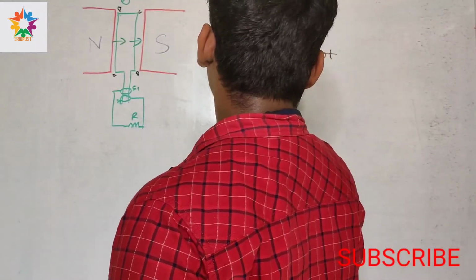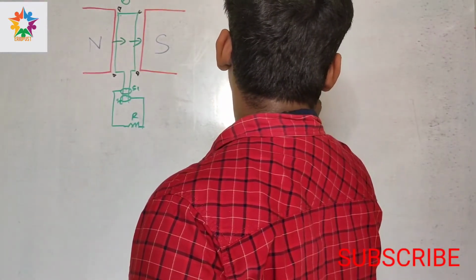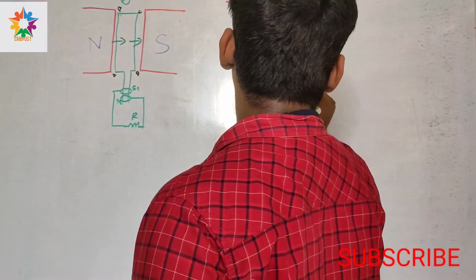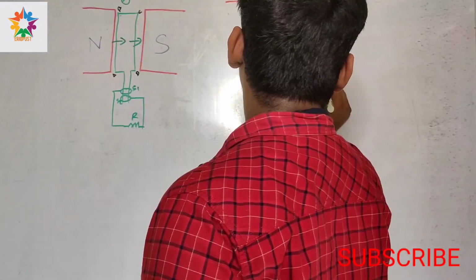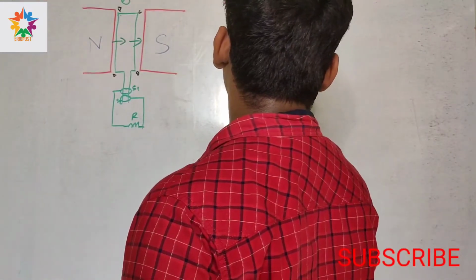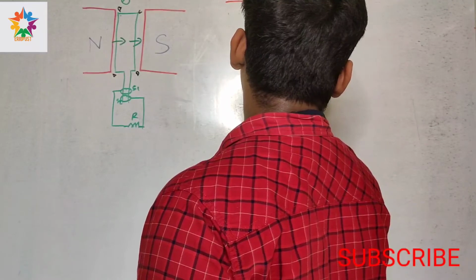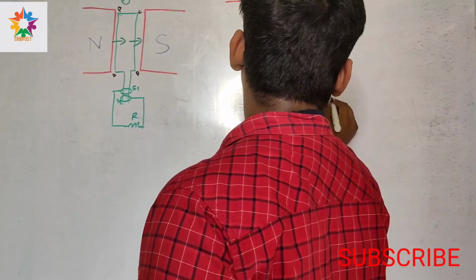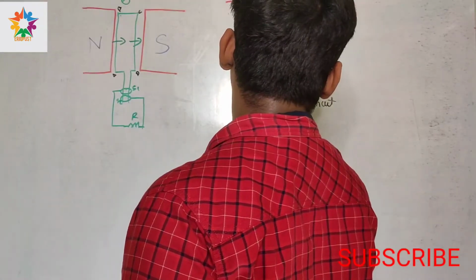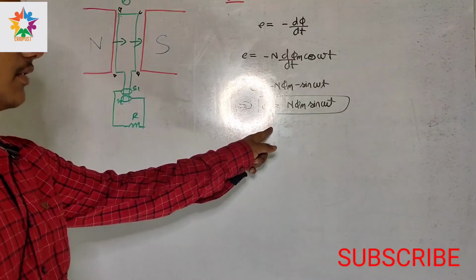What gives us now is E is equal to minus n phi m, cos will be differentiated to minus sine omega t, which gives me the equation of the EMF induced as n phi m omega sine omega t. This is my first result.